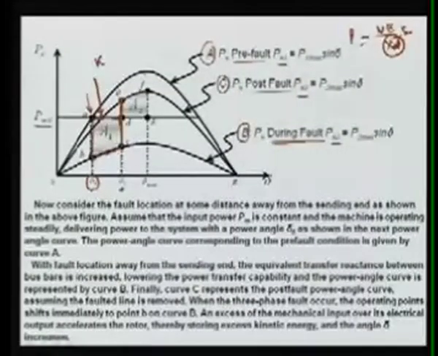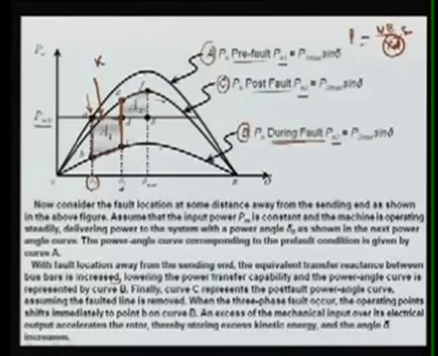So this is the condition: this is the during-fault curve, this is the post-fault curve, this is the pre-fault curve. So this is written here: with the fault location away from the sending end, the equivalent transfer reactance between the bus bars is increased, lowering the power transfer capability, and the power angle curve is represented by curve B during the fault because less power is fed. Finally, curve C represents the post-fault power angle curve, assuming the faulted line is removed.